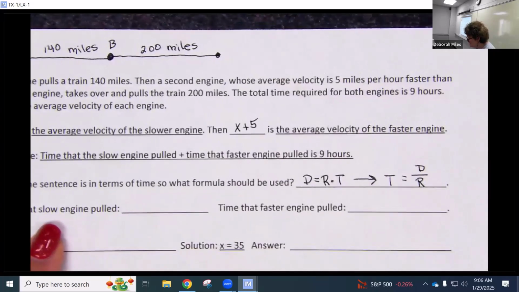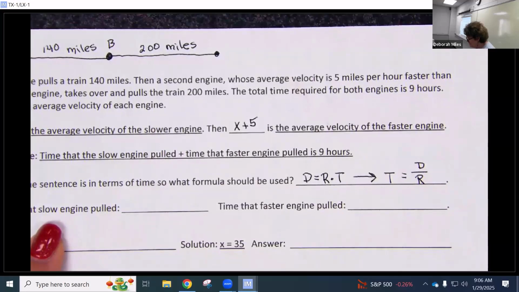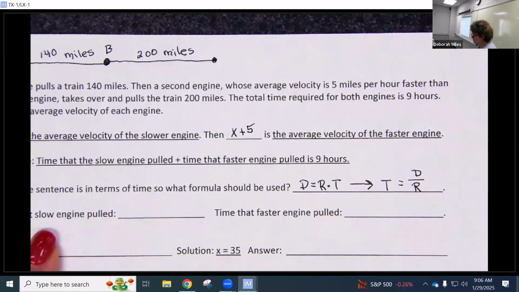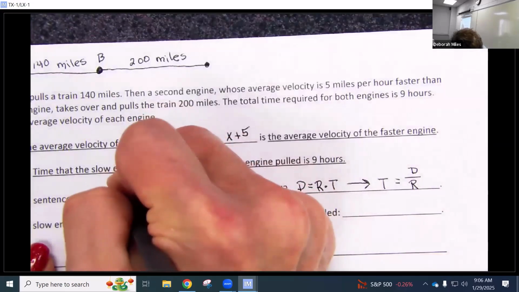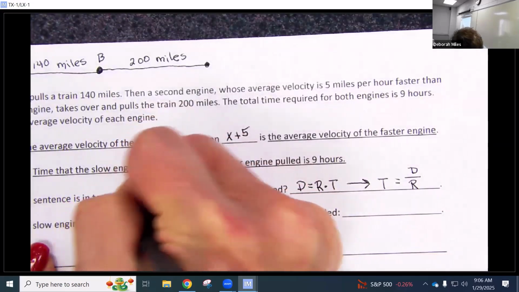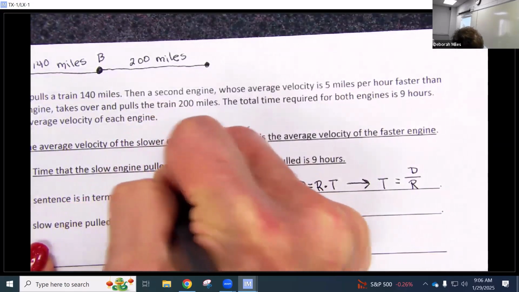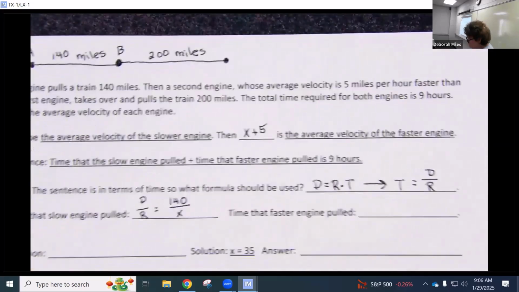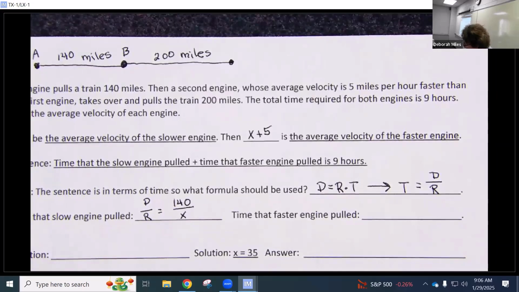I know its distance is 140, and I know its rate is what? X, then what's its time? Well, wouldn't it be over? Yeah. Its distance divided by rate is 140 over X. For the first engine.